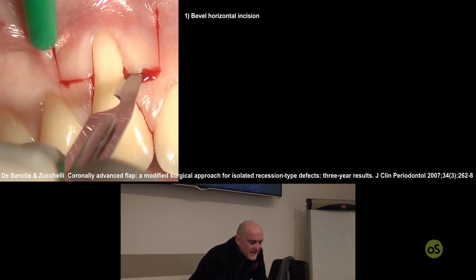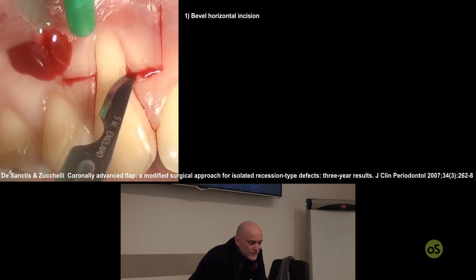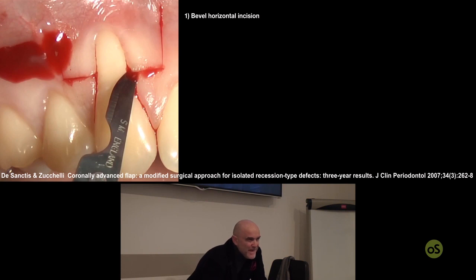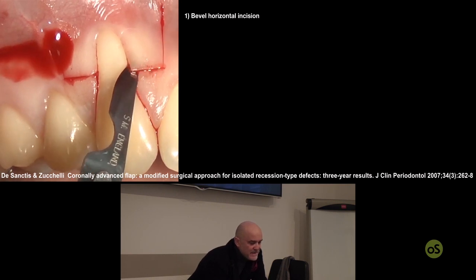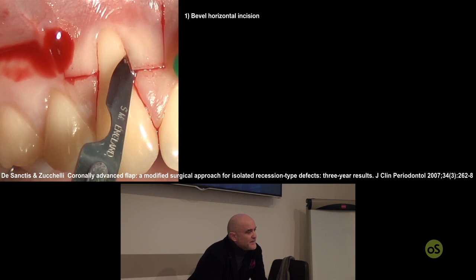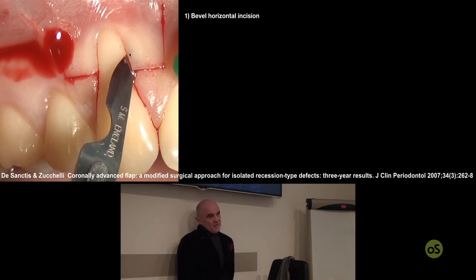And once I reach the mesial angle, I can immediately turn the blade, make it completely parallel to the external surface, and cut along the mesial angle of the recession, so that by keeping the blade parallel to the external surface, I calibrate the thickness of the papilla at this angle.